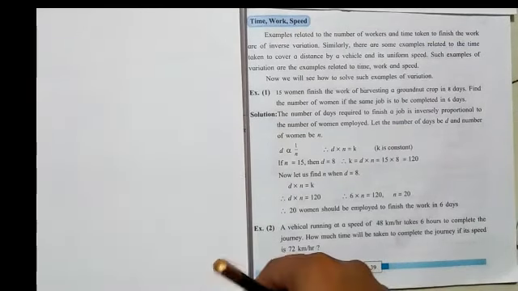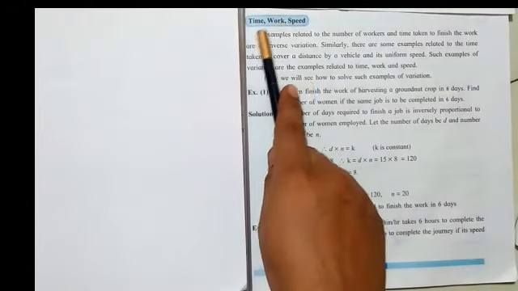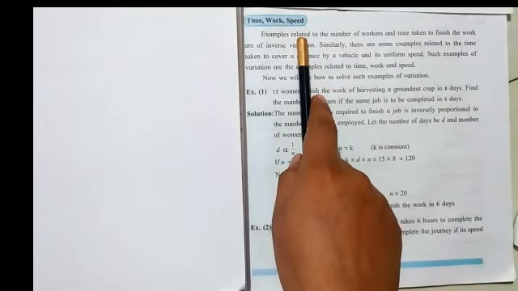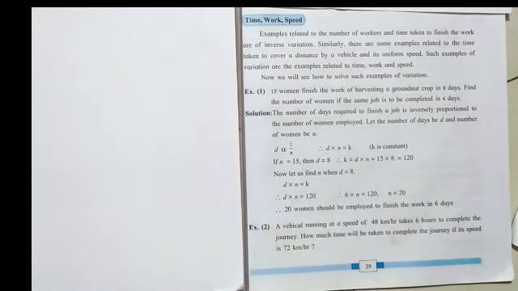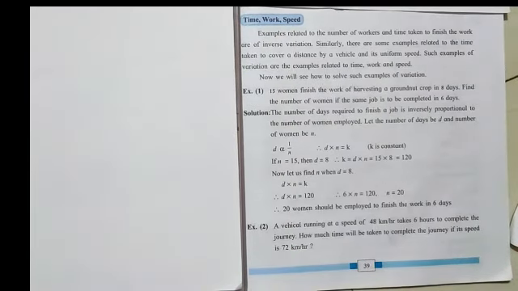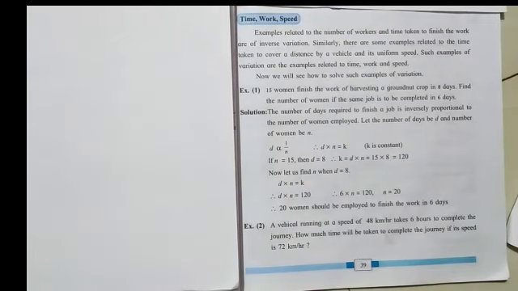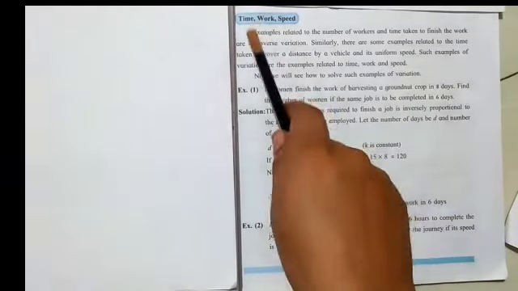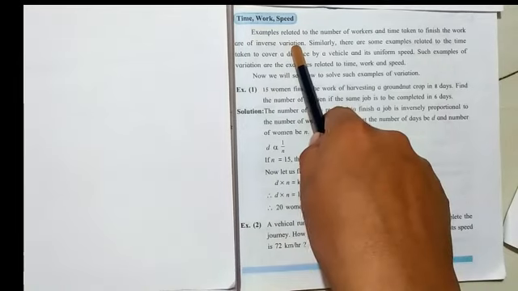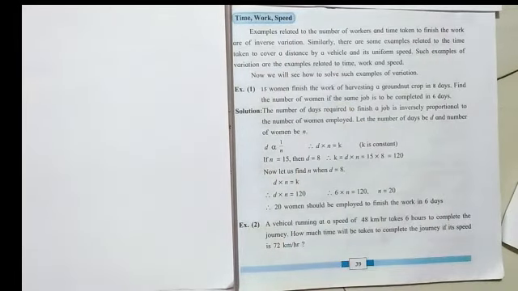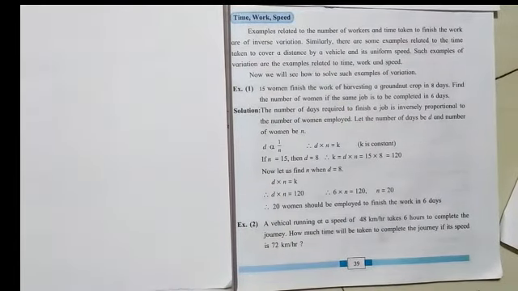Students, let's start our next topic, that is time, work and speed, which is going to affect our inverse and direct variation. So in practice set number 7.3, on the basis of these three factors, we are going to classify the sums into direct and inverse variation, and we are going to solve them.